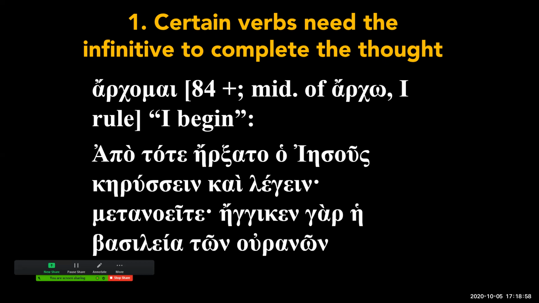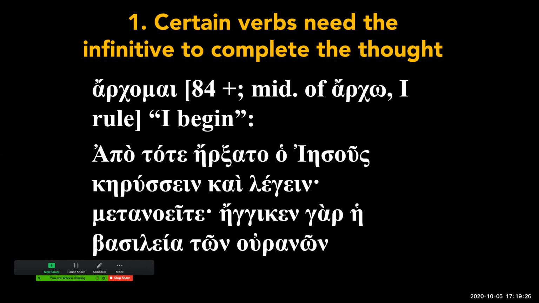From this time began Jesus. Now we have three verbs that tell us what he began to do. Kerussein, to preach. Kai legein, to say. What did he say? Metanoeite is actually an imperative. Repent, for the kingdom of heaven has drawn near.